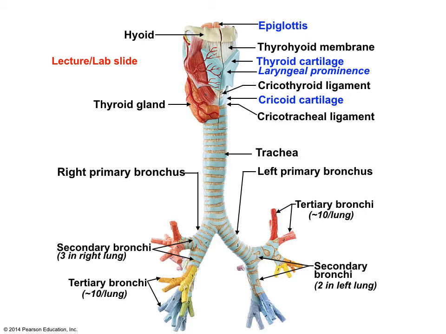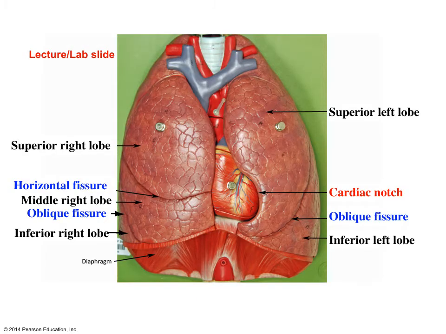Those branch into secondary bronchi, two in the left lung, three in the right lung, and finally the tertiary bronchi, approximately 10 of these per lung. Tertiaries continue to divide or branch into smaller fourth order, fifth order, and so forth until we reach the level of the gas exchange alveoli.